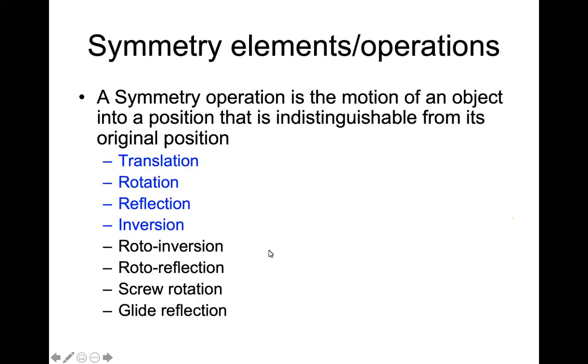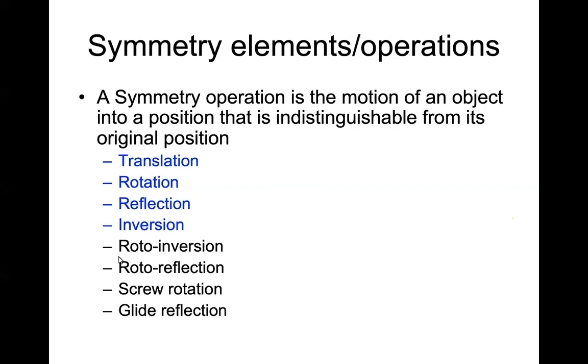Now we want to see various symmetry elements and operations. A symmetry operation is the motion of an object into a position that is indistinguishable from its original position. That means you take an object and apply a symmetry operation, either translation or rotation or reflection, inversion, roto-inversion, roto-reflection, screw rotation, glide reflection.